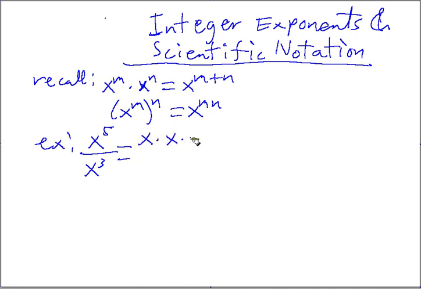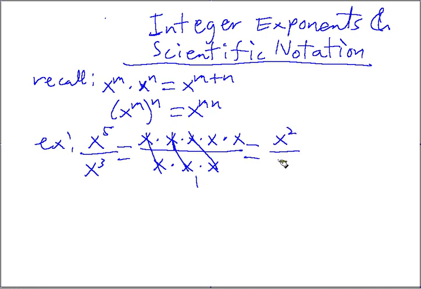One x on top will cancel one x on the bottom since we're dividing. So these x's drop off, and I'm left with 1 on the bottom and 2 x's on top, since there are 2 more x's on top than on the bottom. So we have x squared over 1, but that's just x squared.